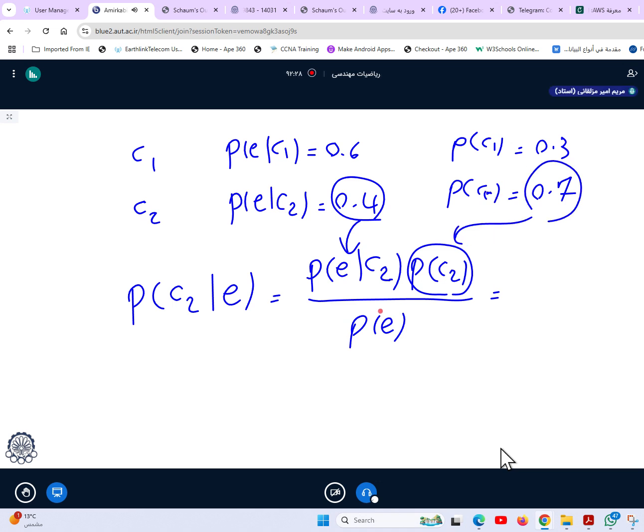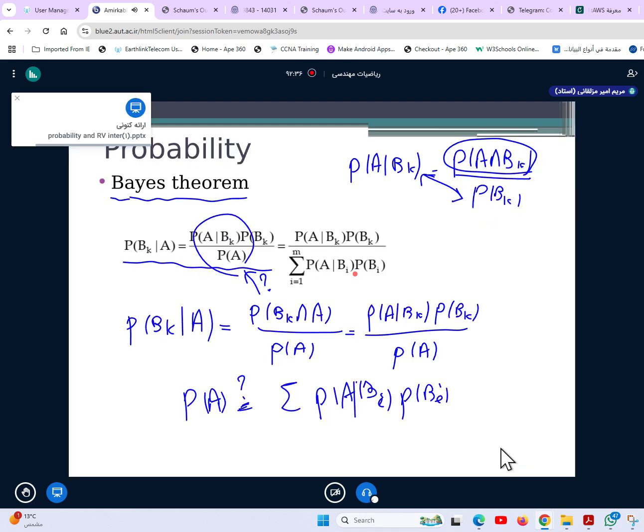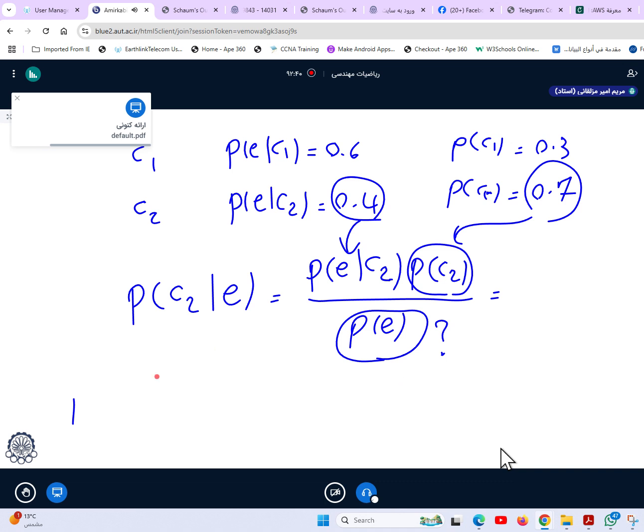But what's the probability of error? For the probability of error, as we mentioned in this formula, we use the total probability theorem.